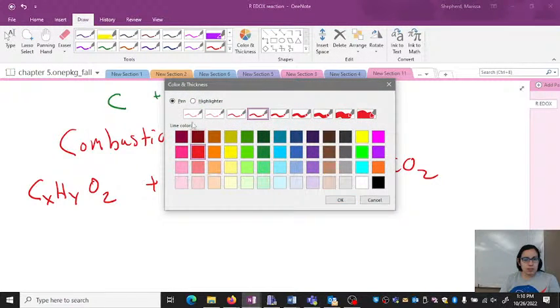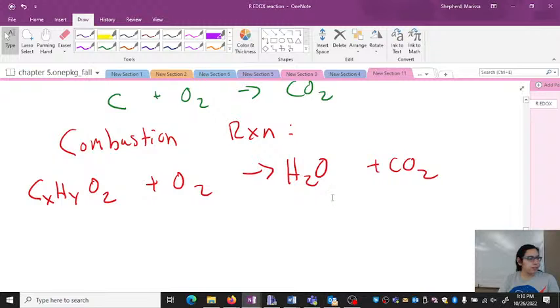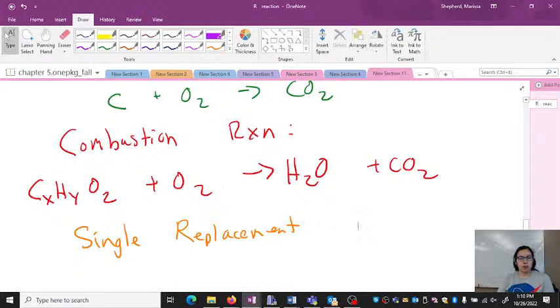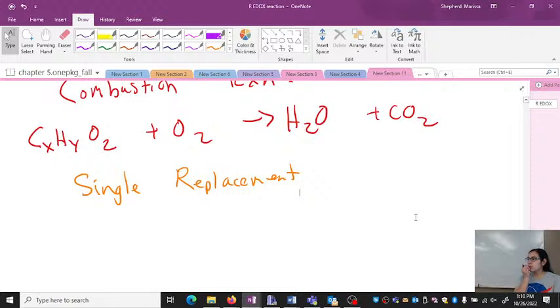And so now let's look at single replacement reactions. Do y'all remember an example of a single replacement? You saw one in lab. It was like metals swapping.